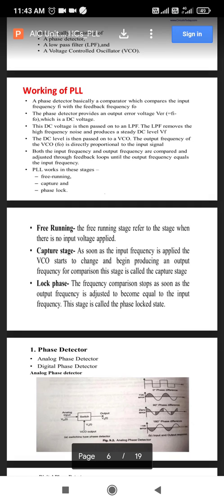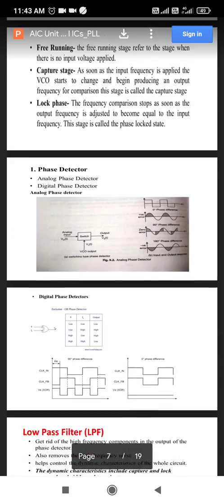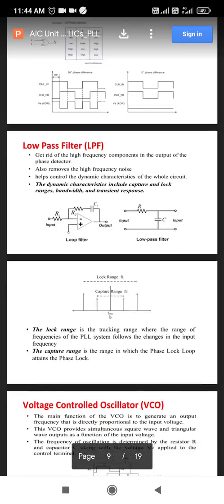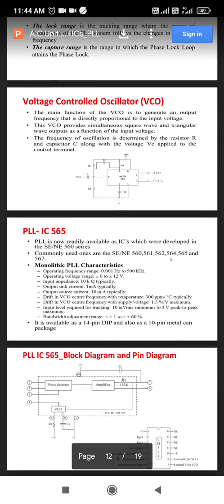We also saw the internal circuits used in the phase detector, low pass filter, and VCO, and completed all that in the previous lecture.